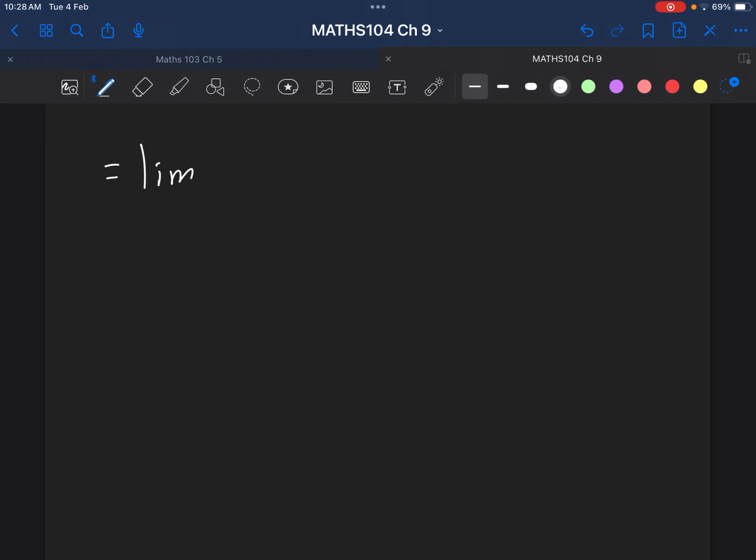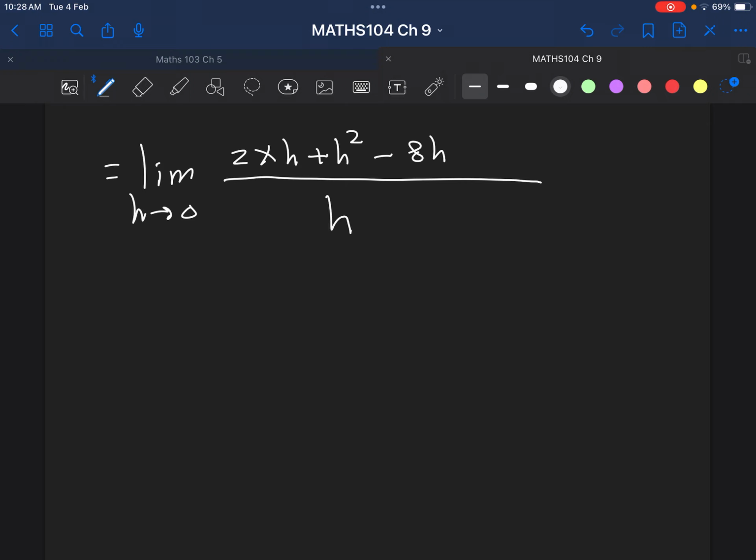So here we have equal limit h goes to 0. The terms that survive are this one plus this one minus 8h, divided by h. Now, can we cancel h? Not yet. We need to take h as common factor. We have h, we have two h's, and we have one h. Take it as common factor.